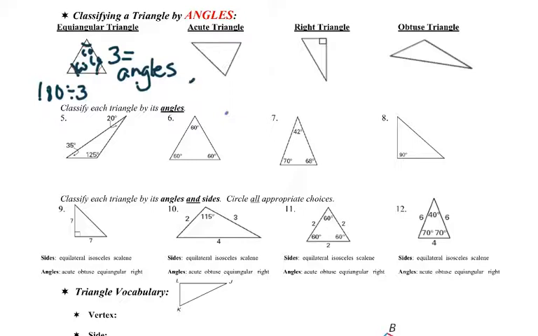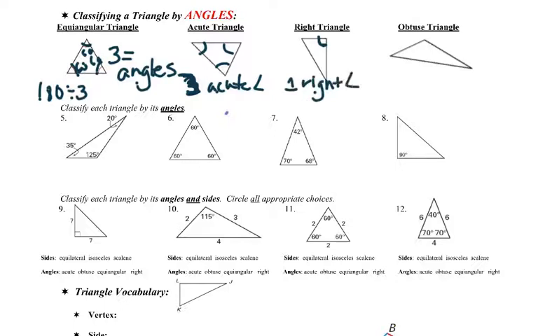An acute triangle has one acute angle, one angle less than 90. Actually, I'm sorry, it has 3 acute angles. My bad. Yeah, it has all 3 acute angles. So all these angles, they don't have to be equal, but they all have to be less than 90. The one that has 1 is the right triangle, one right angle.